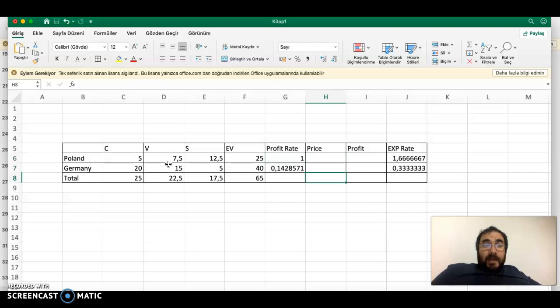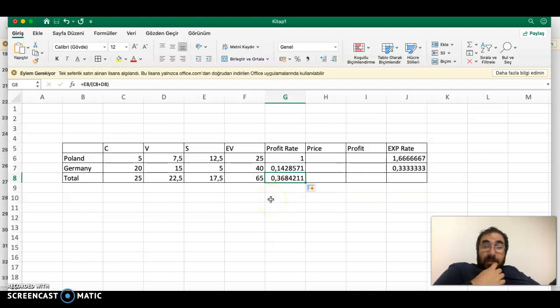The way we do it is this. We first calculate the economy-wide profit rate for Germany and Poland together.